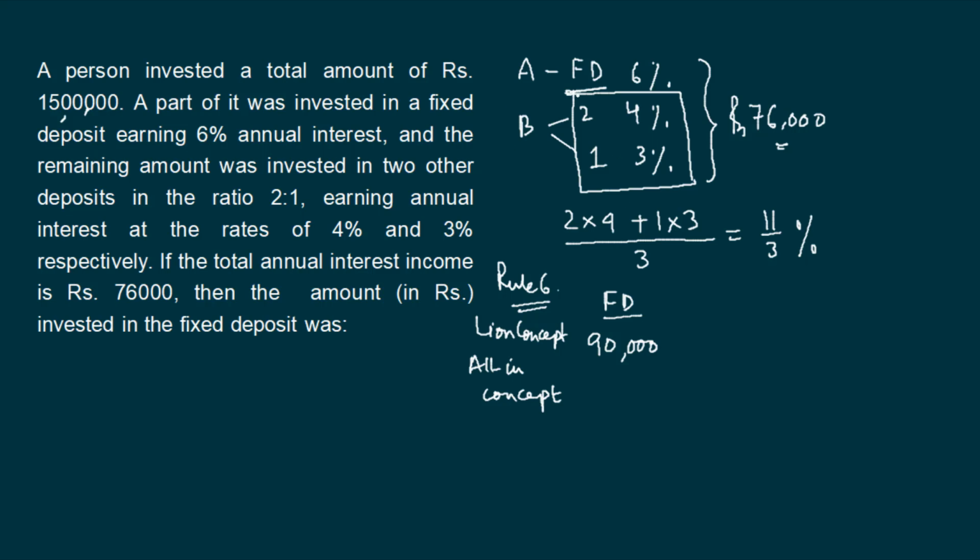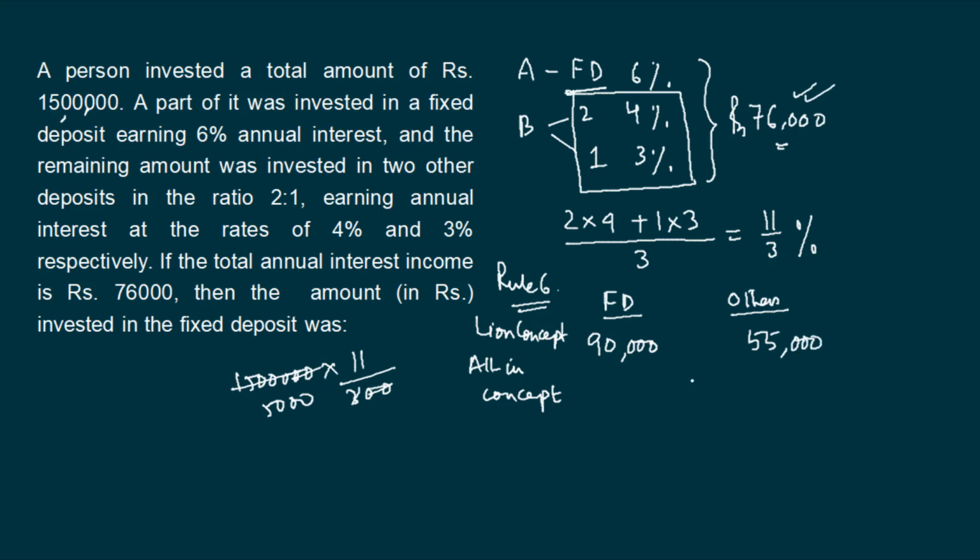So if the entire 15 lakh is invested at 6%, I should get 90,000 as the return. Now if the entire 15 lakh is invested in type B, I should get 15 lakh into 11 by 300 as return. That would be 55,000.